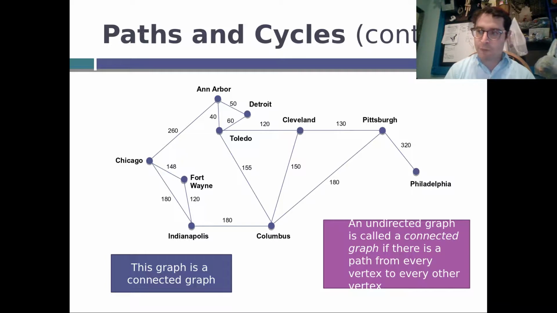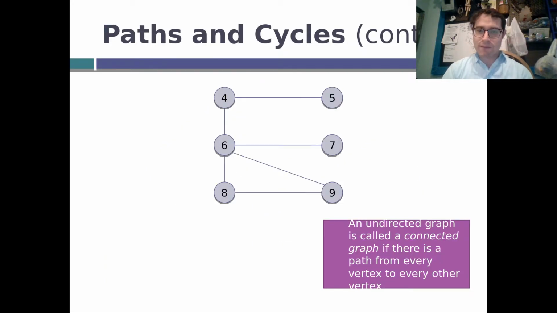However, once we throw something like Hawaii into the mix, then that's not a connected graph in terms of driving. There's no path for me to drive from Philadelphia to Hawaii. And although I will admit, when I was 4, I always wondered why there wasn't just a bridge from California to Hawaii. It seemed to make sense to me when I was 4.